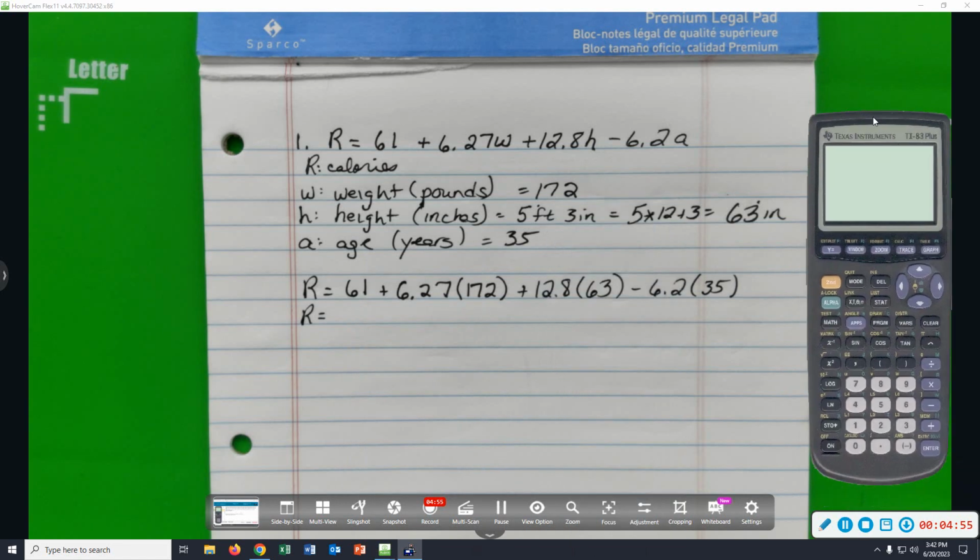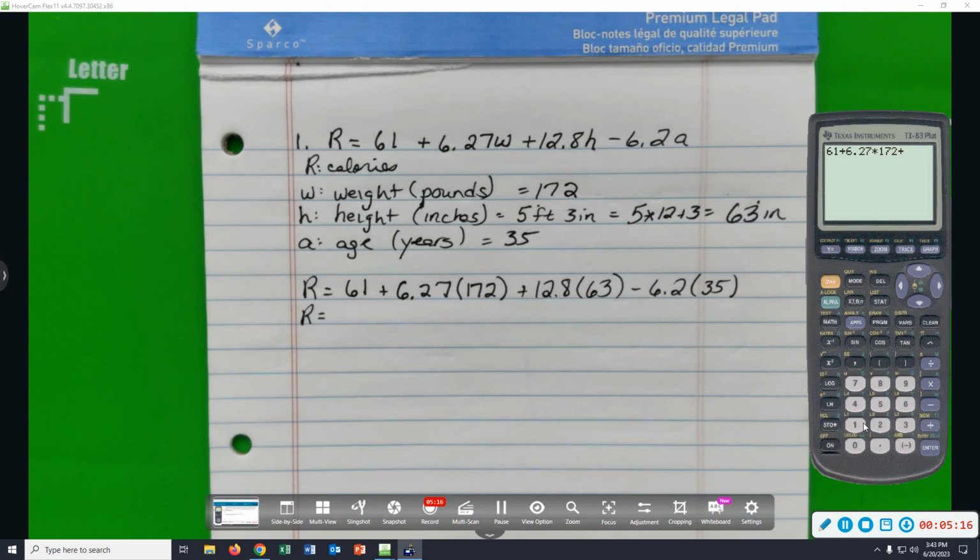I'll move the calculator right here, turn it on. Okay, so 61 plus 6.27, I'm just going to say times. If you want to use the parentheses like I've written for times, that's fine.